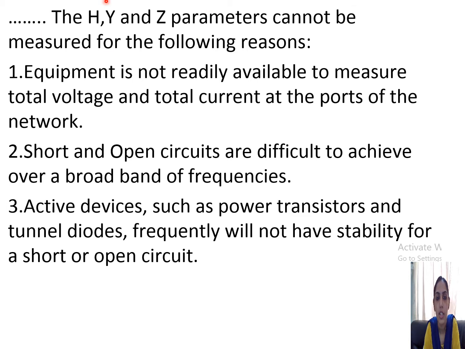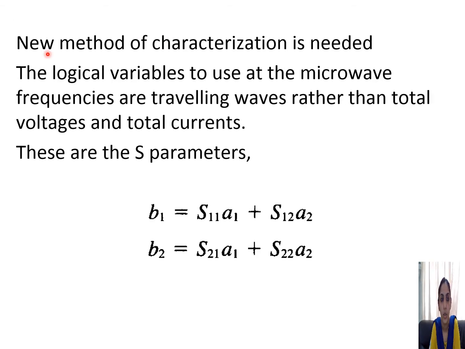We need some new form of characterization to represent our microwave hybrid circuit. Since these ordinary parameters cannot be used to characterize a microwave network, we need to form a new method of characterization.